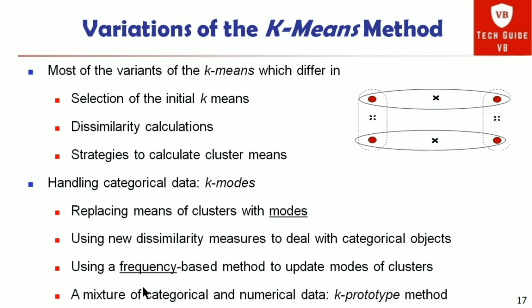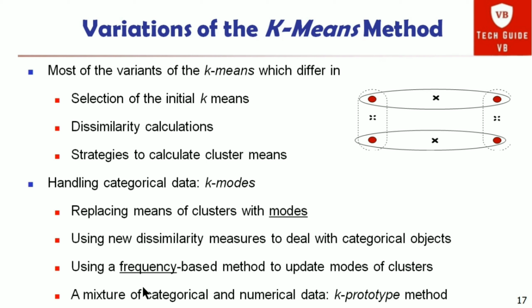Then what are the variations of the k-means method? Most of the variants of k-means differ in the selection of the initial k means, the dissimilarity calculations, and the strategy to calculate cluster means. These are some of the variations of k-means. Handling categorical data is done by k-modes. K-modes replaces the means of clusters with modes.